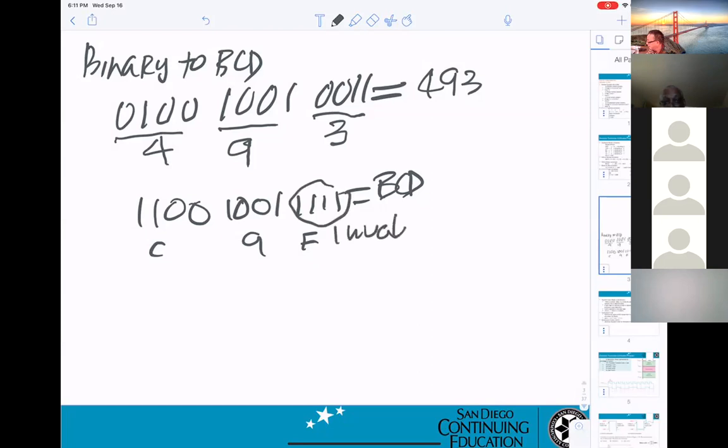The thing is, you don't have a number F in decimal. That was a trick question. You only get 0 to 9, but in binary they require 4 bits. That will be the same thing, because that's the same as 12, and we don't have a number 12 in decimal. 0 to 9 only.